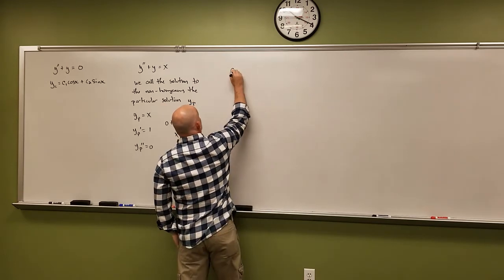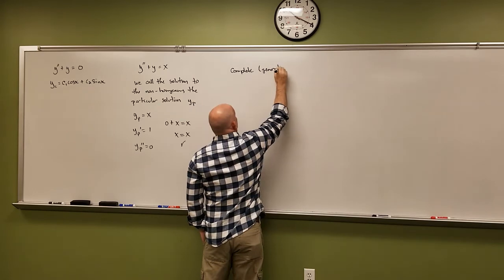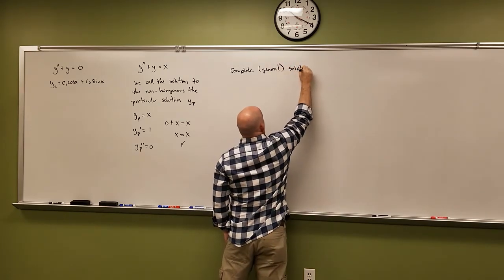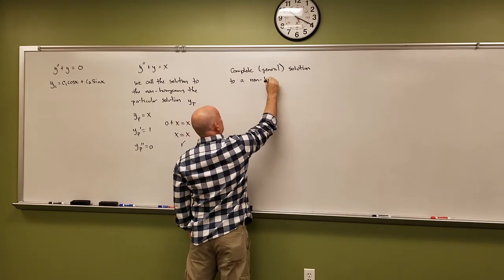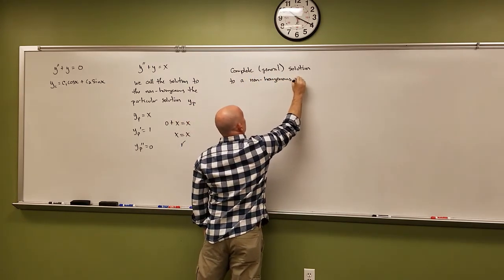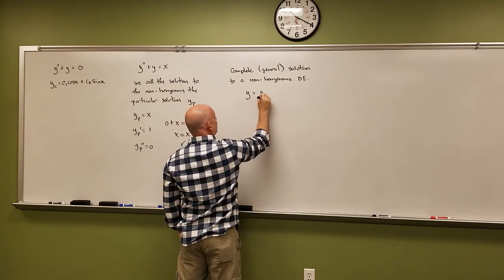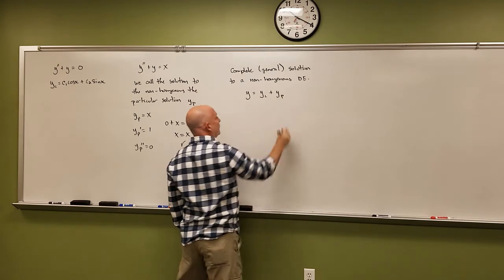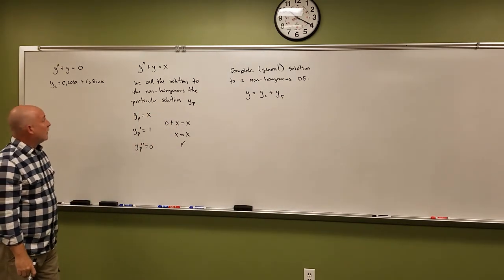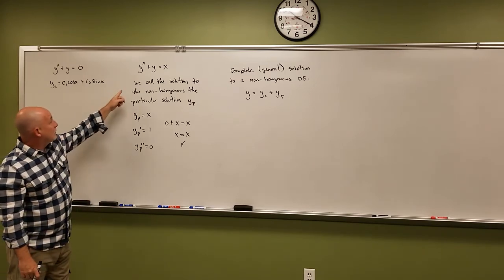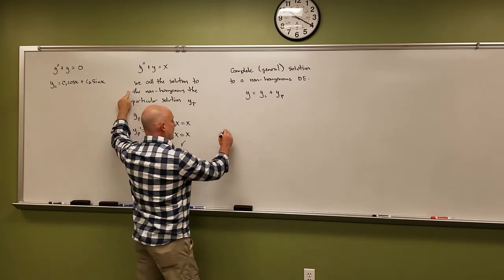So the complete or general solution to a non-homogeneous differential equation, y, is equal to the complementary solution plus the particular solution. For this example, the first was homogeneous and this was the non-homogeneous.